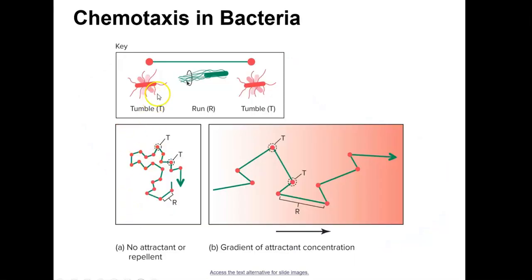So just another view of this, using lines and circles. The green line represents the run, and the orangish reddish circles represent when a tumble occurs.